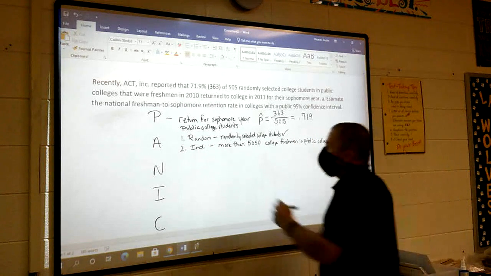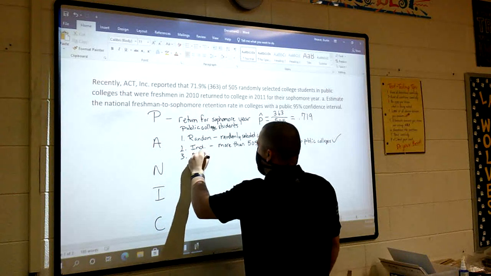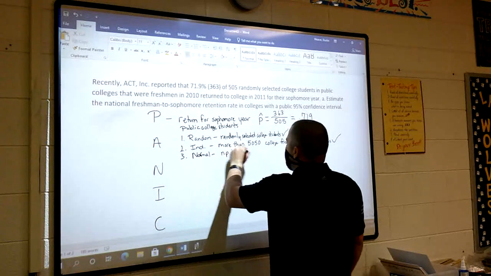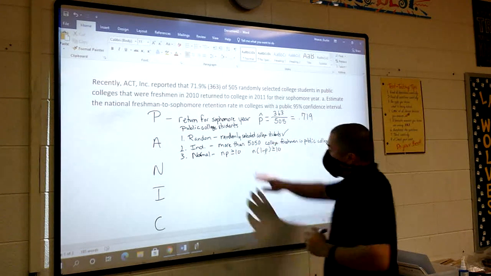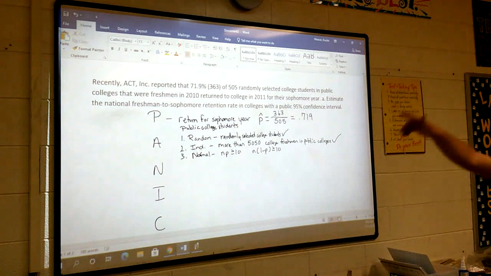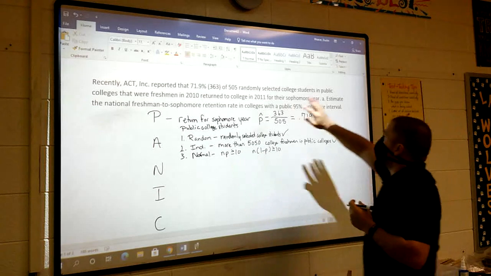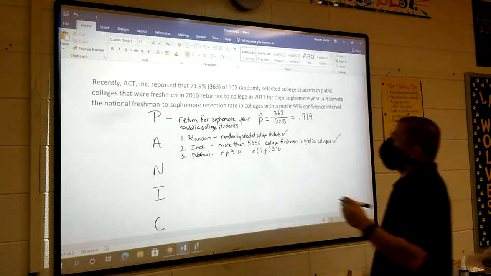So now we go to number 3, normal. For normal, n times p is greater than or equal to 10, and n times 1 minus p is greater than or equal to 10. These are your successes and your failures. Now, you don't have to actually calculate it. You should get it from the problem. Successes are how many people actually return to college, which is how many? 363.